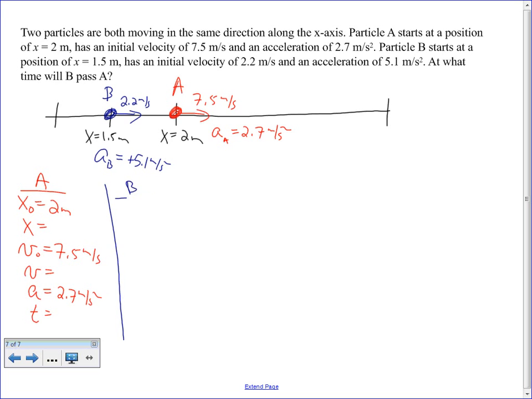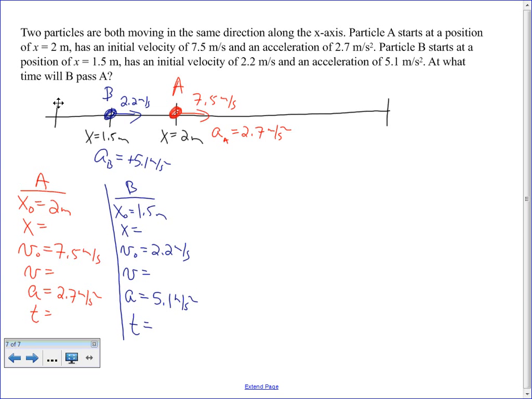For object B, I know that it's starting at a position of 1.5 meters, and I know that it has an initial velocity of 2.2 meters per second. And I know that it has an acceleration of 5.1 meters per second squared.